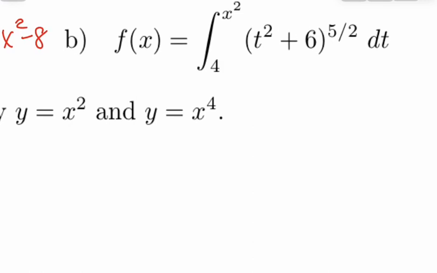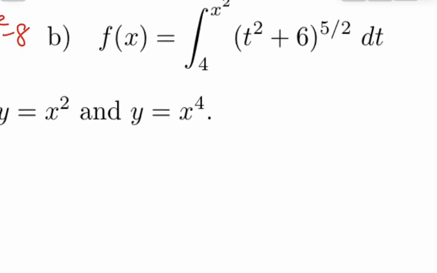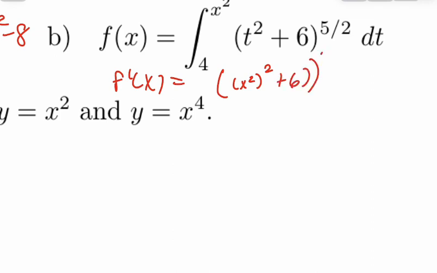So the only difference here, you still just write the function inside, but you plug in that upper bound of x squared. But you just have to multiply by the derivative then.